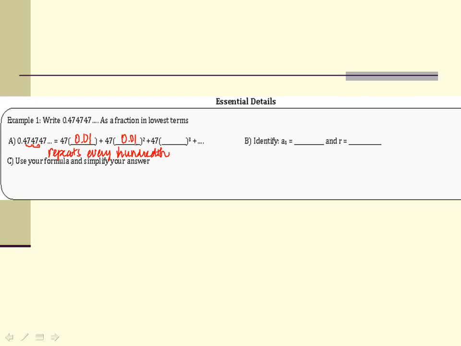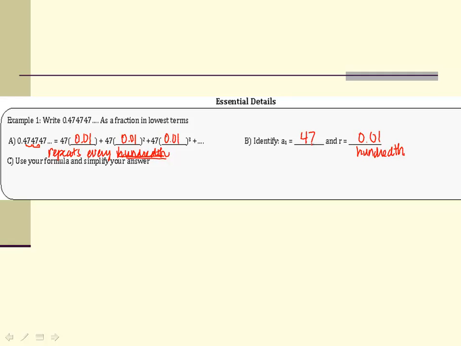To move it back 4 spaces, I'm going to say 0.01 cubed, and you're going to keep going. Because it repeats every hundredth, our r value is going to be 0.01. This is the idea of the hundredth. And what number gets repeated is 47, so that's considered our a sub 1.